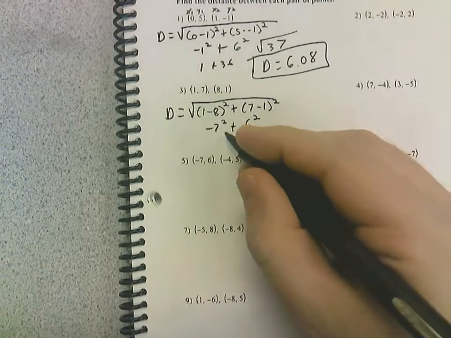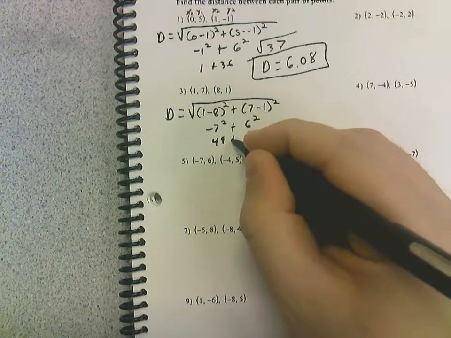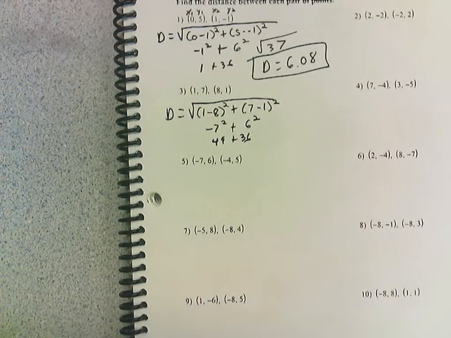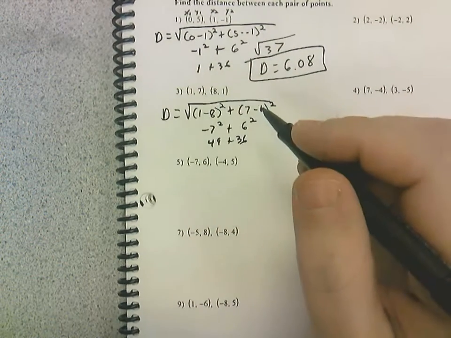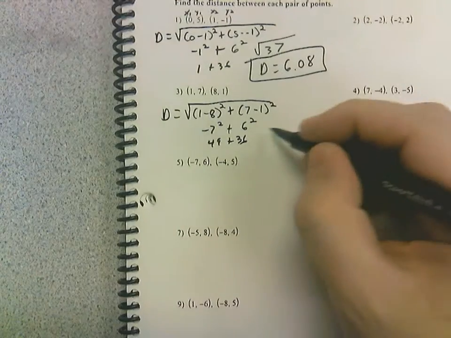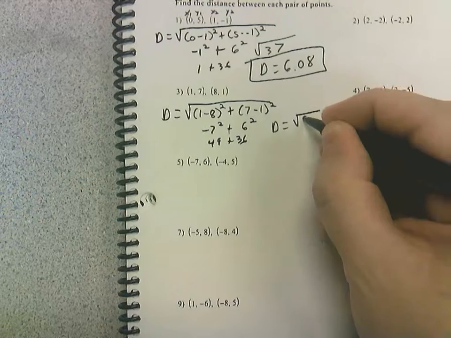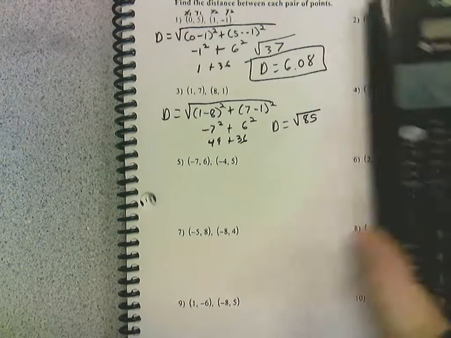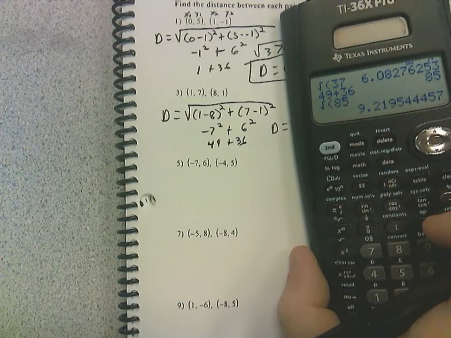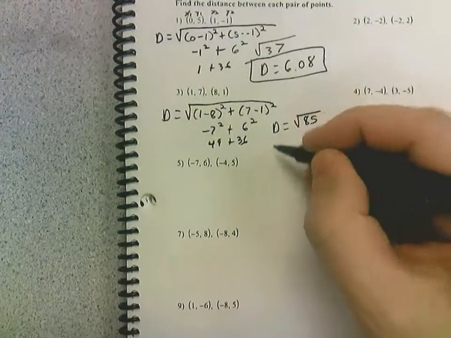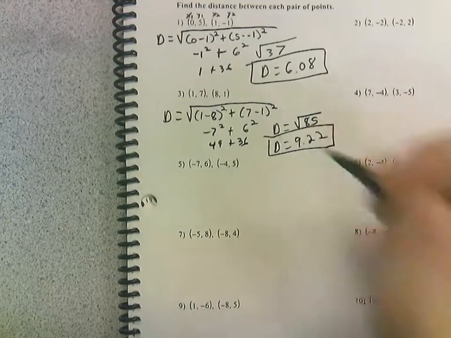So negative 7 times negative 7 is actually positive 49. So you got 49 plus 36, which is going to be 85. So distance is equal to the square root of 85, and the square root of 85 is 9.219, which would round to 9.22. Distance is going to equal 9.22. And there's your final answer.